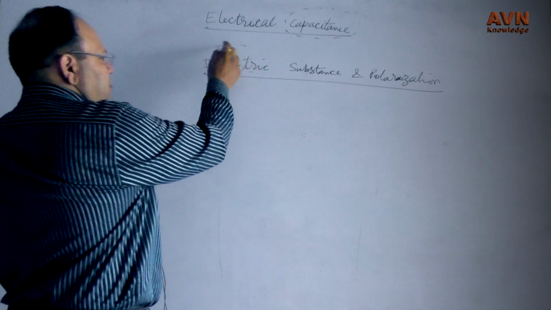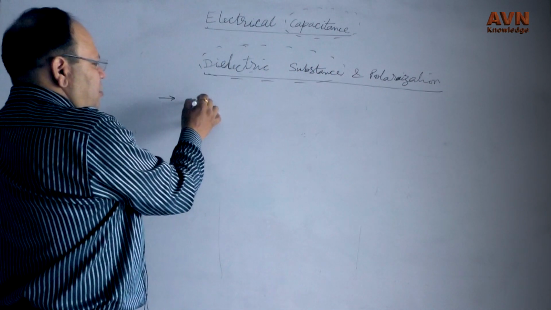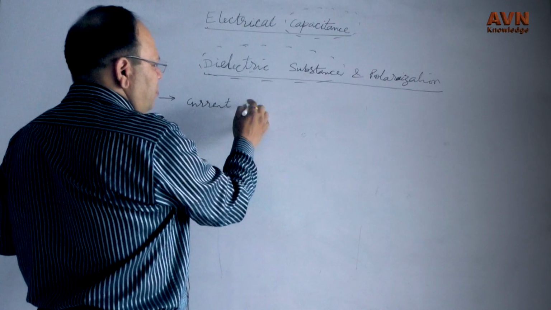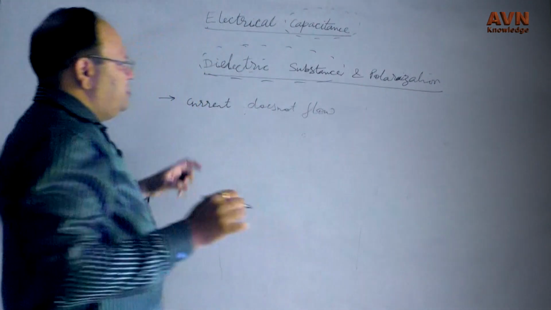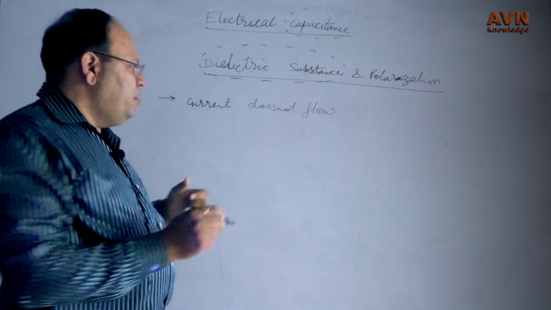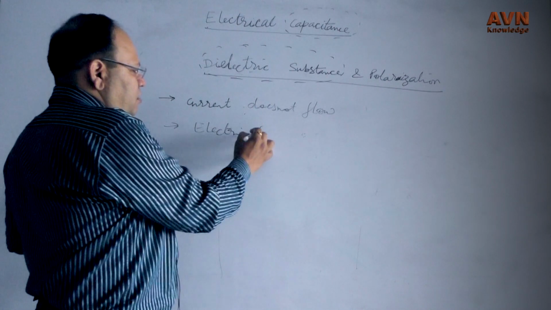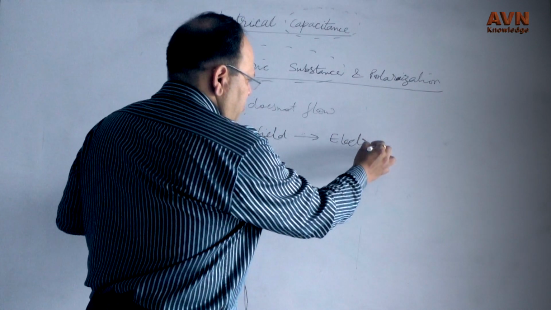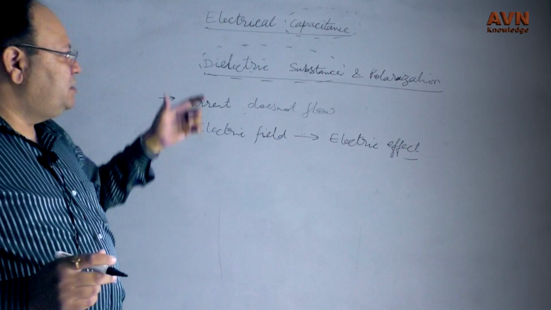Dielectric substance means current does not flow in this substance, but when you apply an electric field, it shows the electric effect. So we can say this is an insulator.